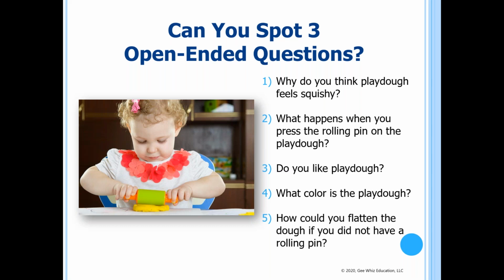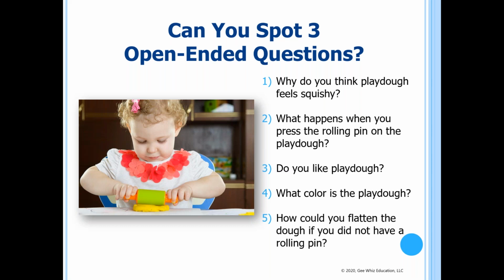So again, it's opening up that door for a conversation that goes back and forth and back and forth. And as long as you're asking the open-ended questions, you're going to have a lot of that back and forth. Does that mean you never ask a closed-ended question like, what color is the Play-Doh? Absolutely not. If you need to evaluate a child's understanding of colors, instead of pulling them aside and having them name all the crayons in a box, this is the perfect meaningful time to do that.